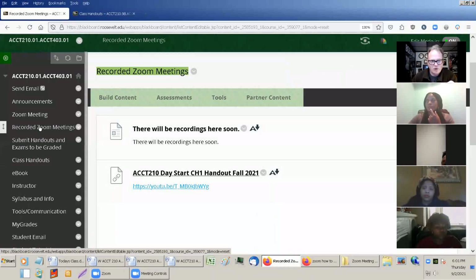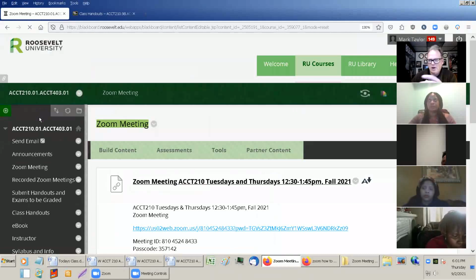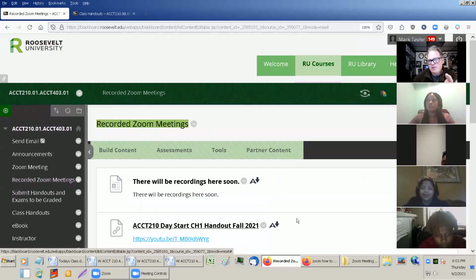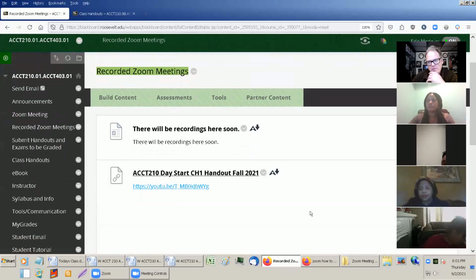In recorded Zoom meeting, underneath the Zoom meeting link, which you already have, or we wouldn't be talking to each other right now, is the recording. Every Zoom meeting will be recorded, and it takes about a day to get up. It has to go through 3 renderings before it'll be up.